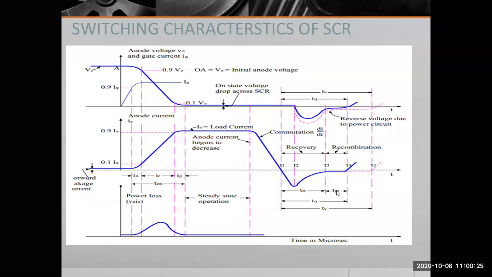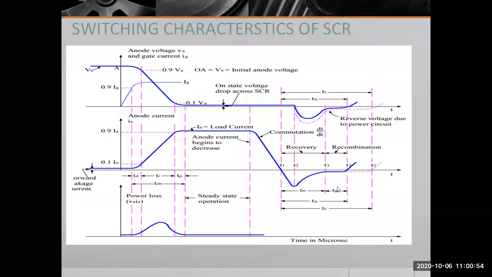The excess charge carriers present in the inner junction are removed by using the recombination process. That is the difference. During the TGR, the excess charge carriers present inside the inner layers, at the J2 junction, are removed by using a recombination process.